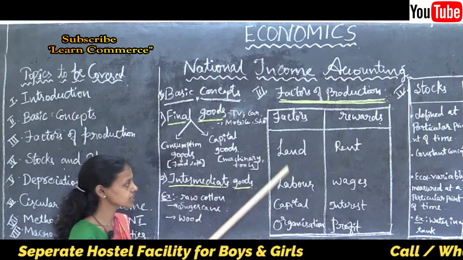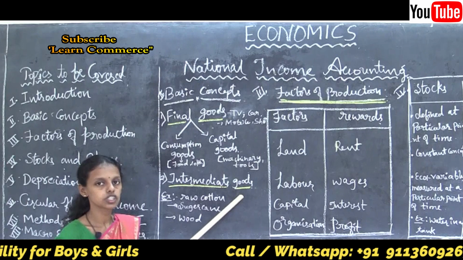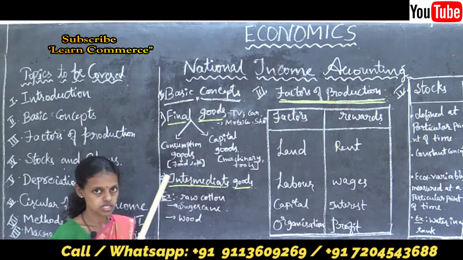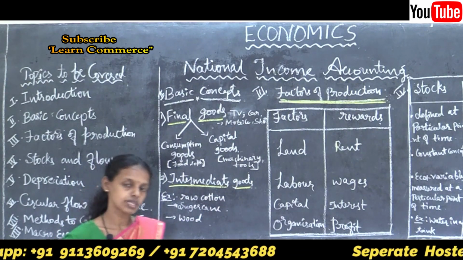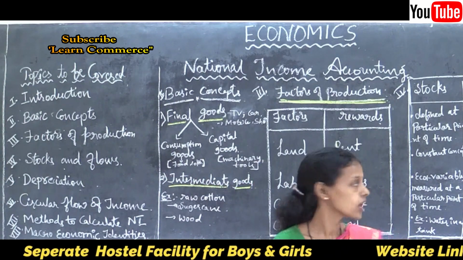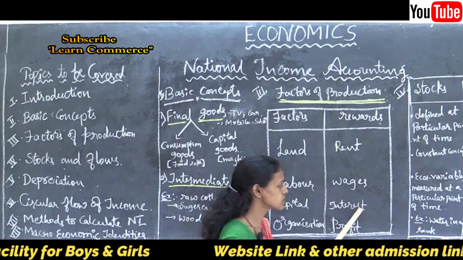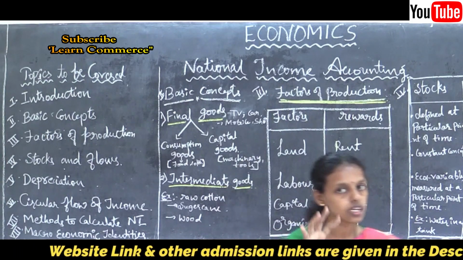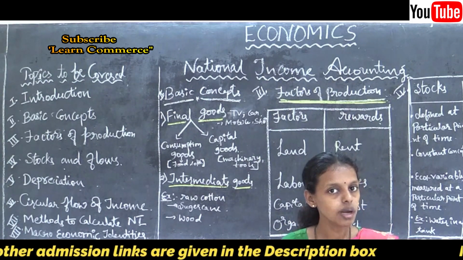So such factors are used alongside the intermediate goods for the production process. Thus factor payments are also included in national income accounting, because factors are rewarded with rent, wages, interest, profit. These are all included through the income method.